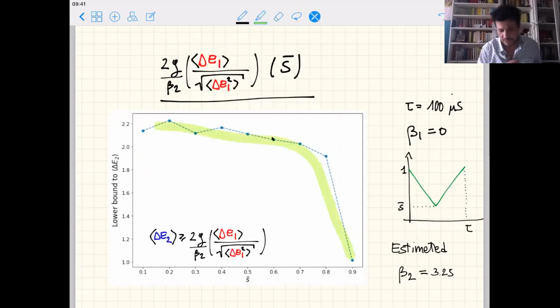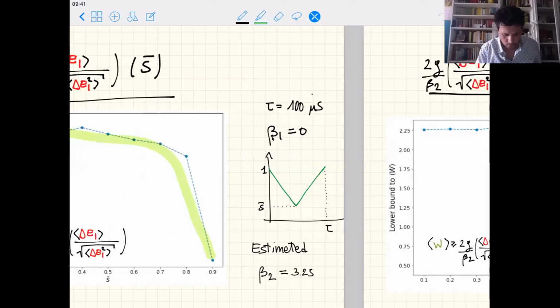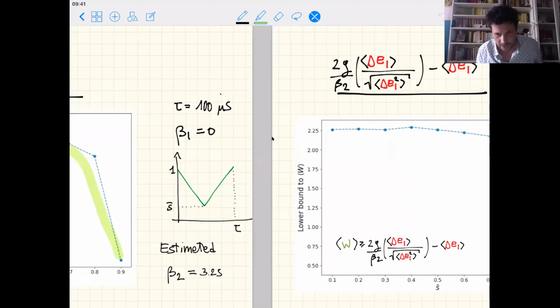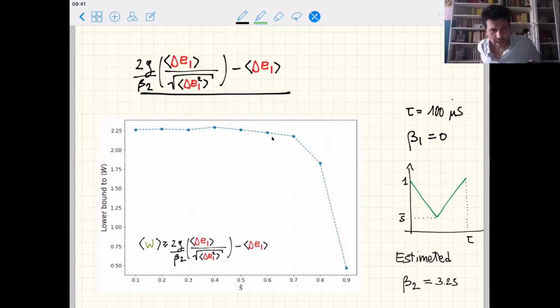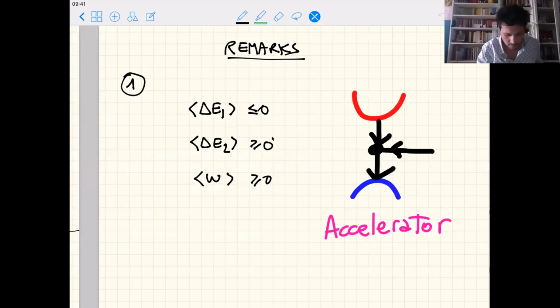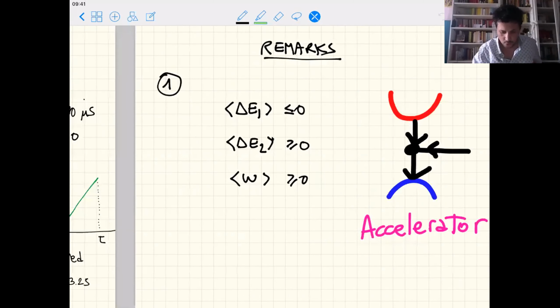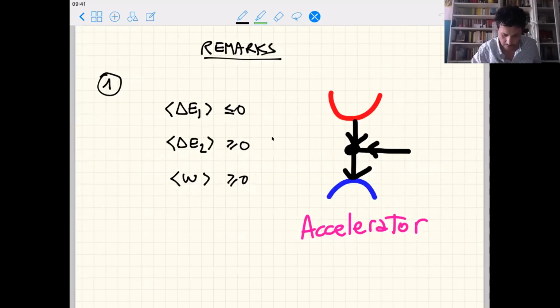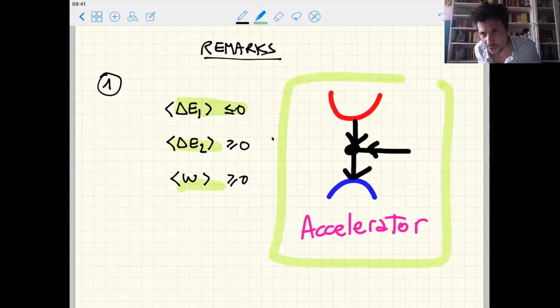So let me jump to the conclusion very quickly. If you look at the signs of energy exchanges and work, you see that this is smaller than 0 from the measurement, and these from the bounds are both larger than 0. So what is happening in our experiments is that the machine works as an accelerator. It helps the system relax close to the ground state quickly.